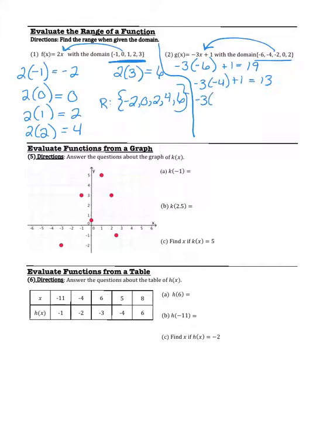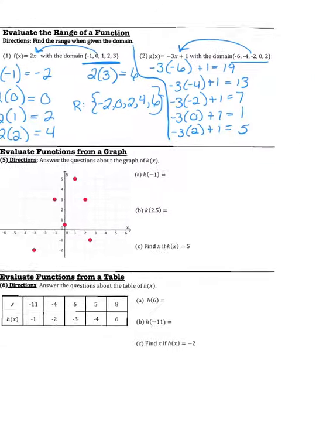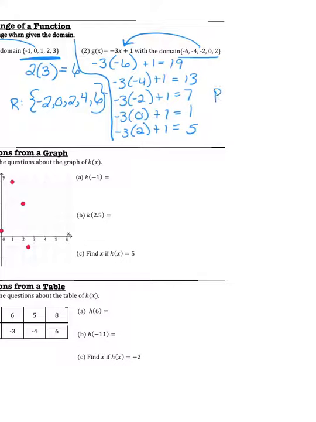I'll plug in negative 2, and that gives me 7. Plug in 0, and that gives me 1. And finally plug in 2, and that gives me 5. So my range would be, from least to greatest, 1, 5, 7, 13, and 19.